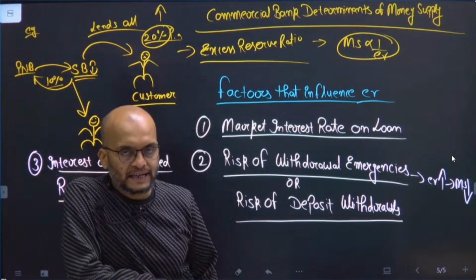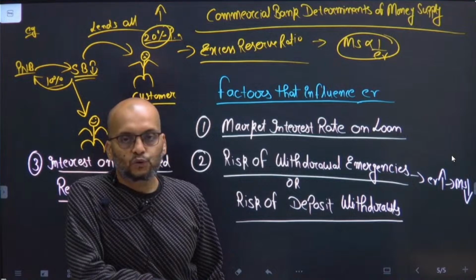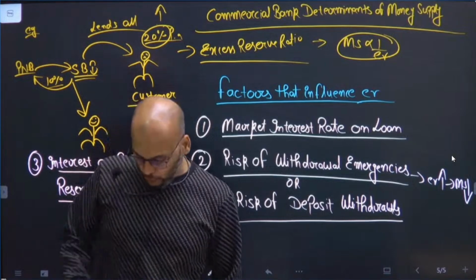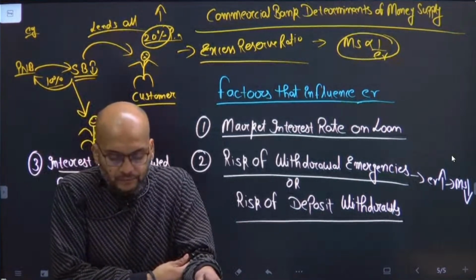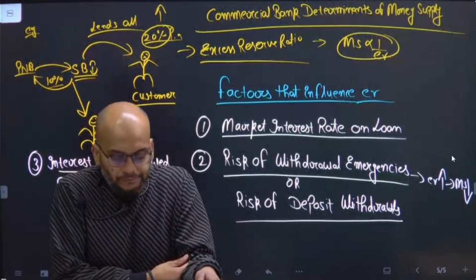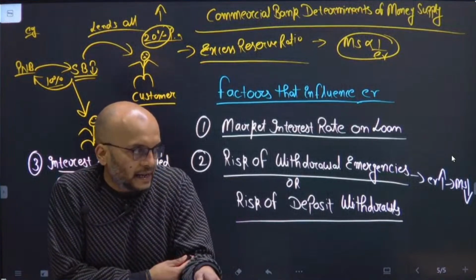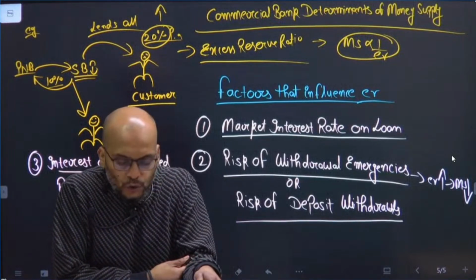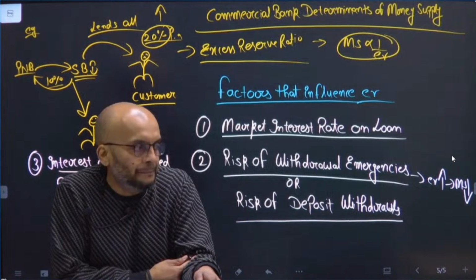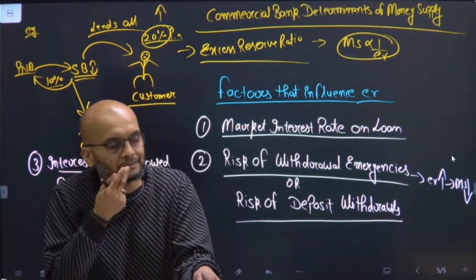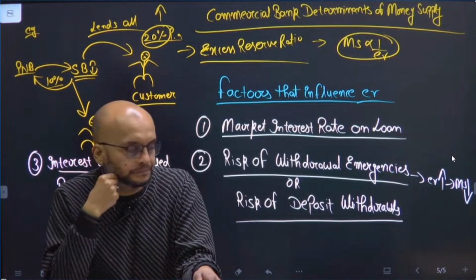When the interest rate paid on borrowed reserves increases, the excess reserve ratio increases, and it leads to a fall in money supply.